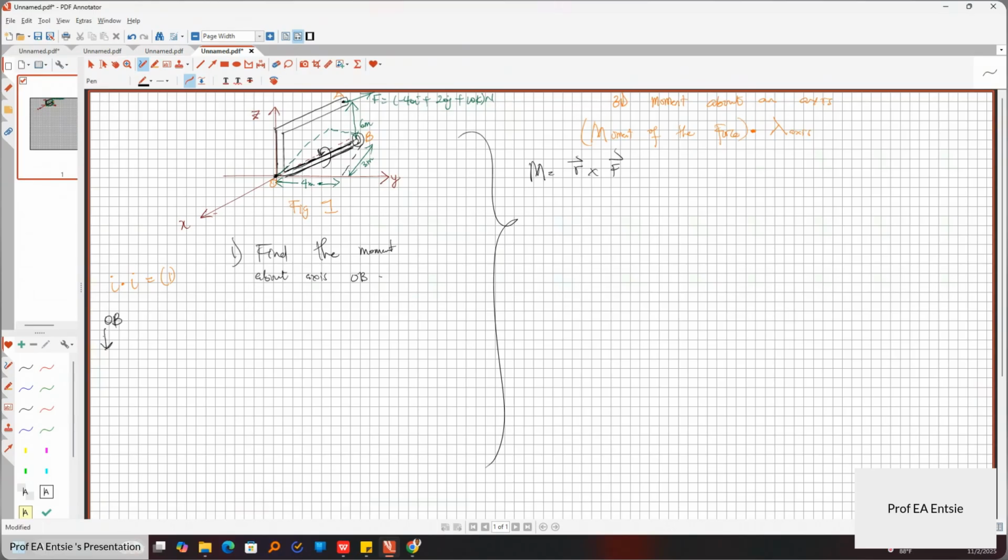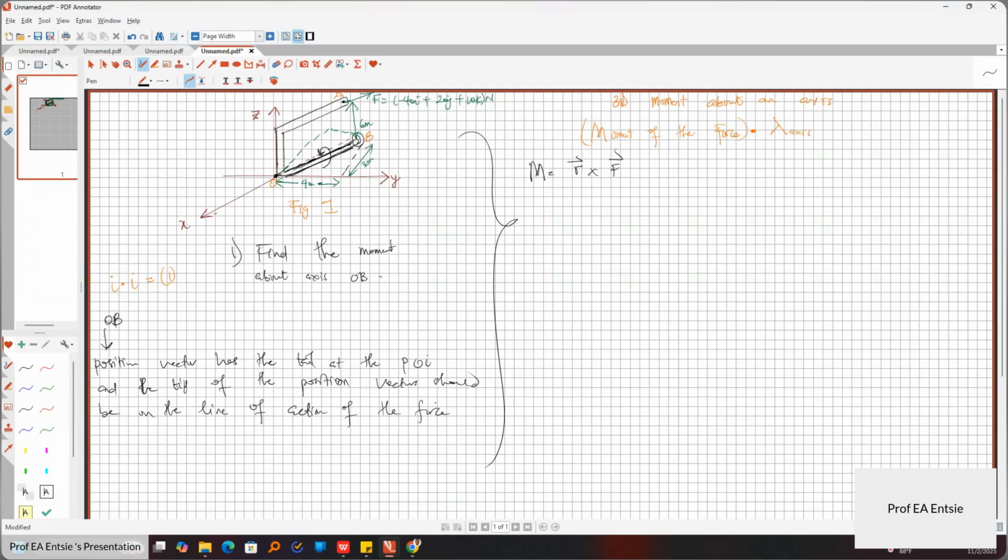So it means the position vector has its tail at the point of interest, POI. And the tip, don't forget, should always be on the line of action of the force.